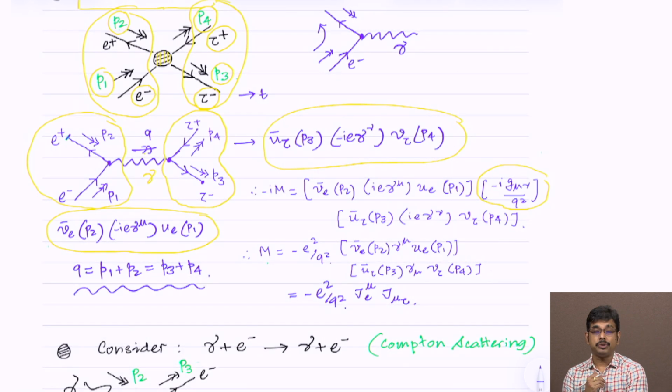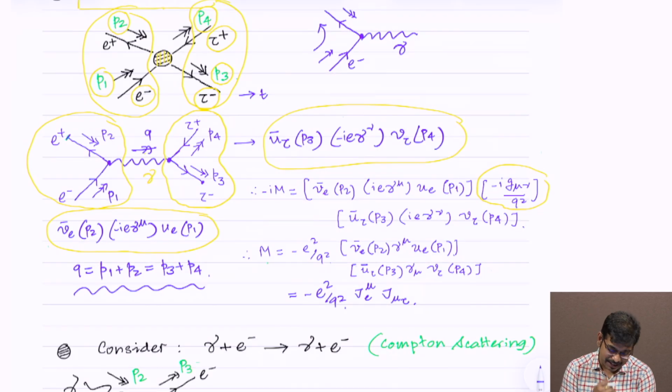This is an interesting point to note that this kind of graph looks different, right. I mean the geometry is a different one. I will come back to this point in a moment.